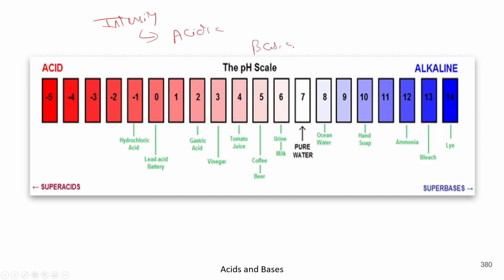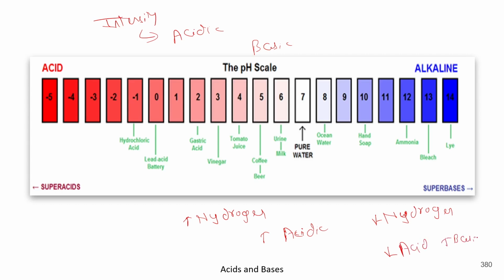Okay, so that's why we had to develop the pH scale, and basically the pH scale is used for potential of hydrogen more precisely. So you can say the higher the number of hydrogen ions, the more acidic it will be, whereas the lower the number of hydrogen ions, the less acidic, or you can say the more basic it will be.